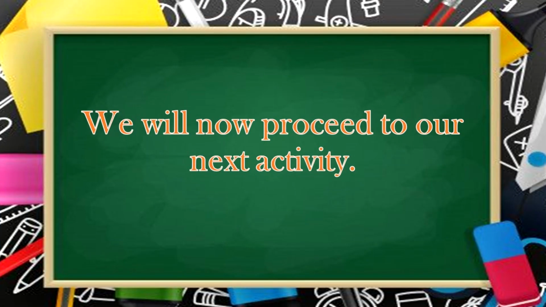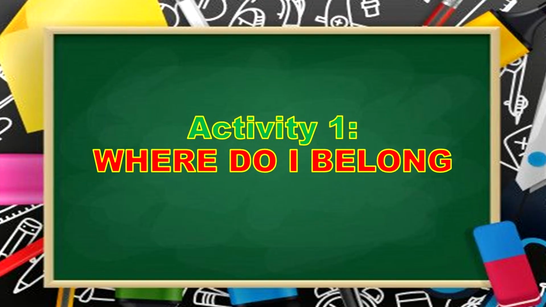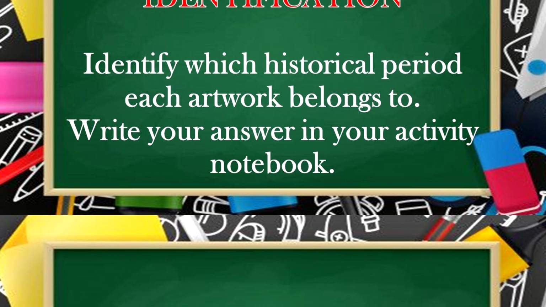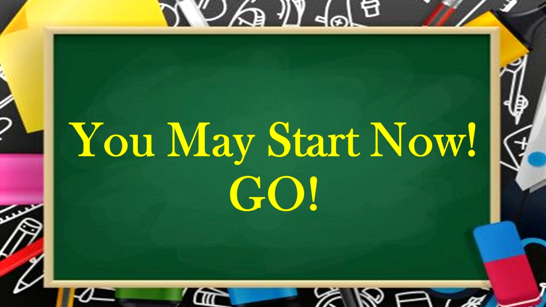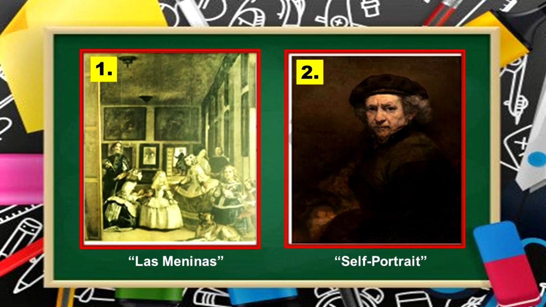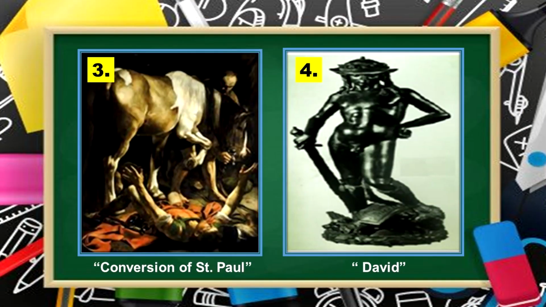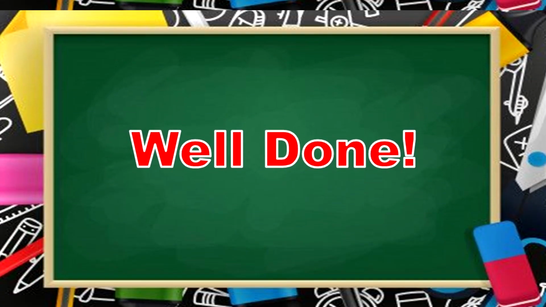We will now proceed to our next activity. Individual Activity 1. Where do I belong? Identification. Identify which historical period each artwork belongs to. Write your answer in your activity notebook. You may start now. Go! Well done!